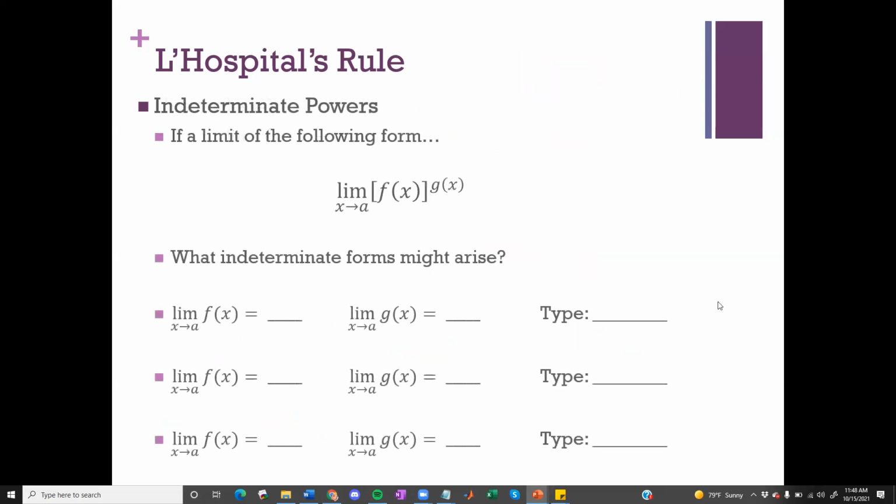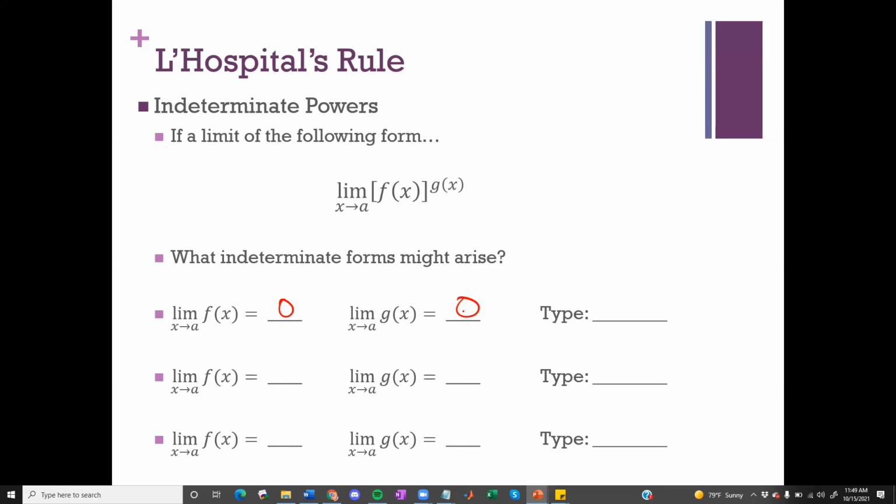All right. So another thing we're going to look at are indeterminate powers. A couple things, or 3 things, can happen here. So what if you have a limit? We have these functions f and g, treating f as the base and g as the exponent. A few indeterminate forms can arise.